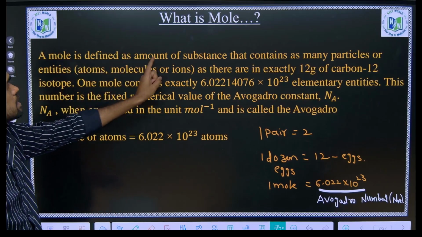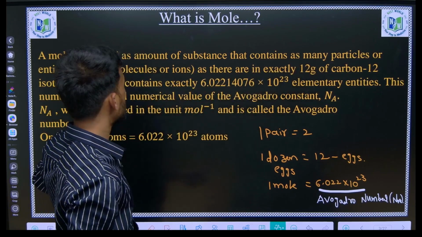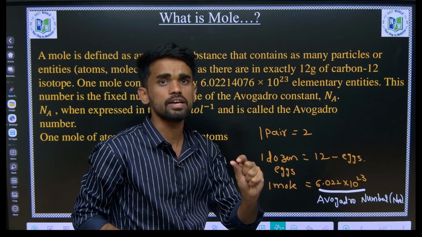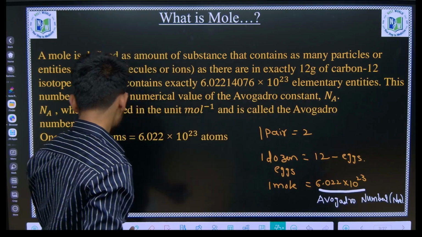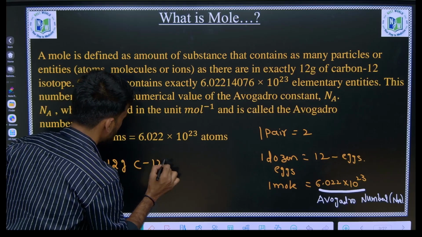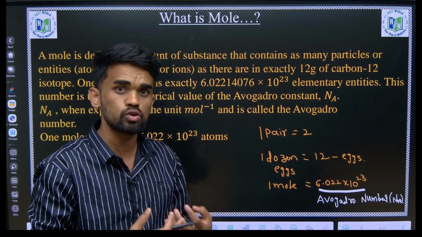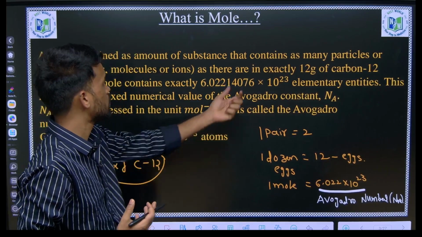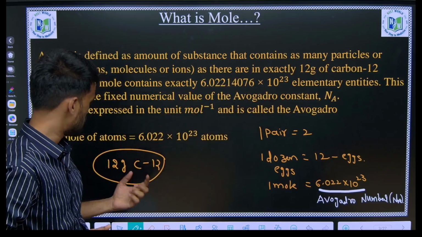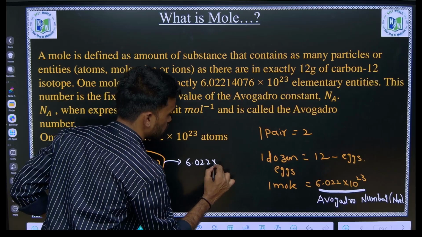A mole is defined as the amount of substance that contains as many entities as there are exactly in C12 carbon. C12 is a carbon isotope. If I take 12 grams of C12 carbon and experimentally measure, using a mass spectrometer or a proper instrument used to measure the number of particles present in a substance, it was found to be 6.022 into 10 power 23.